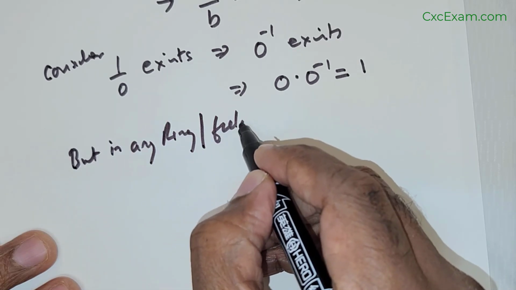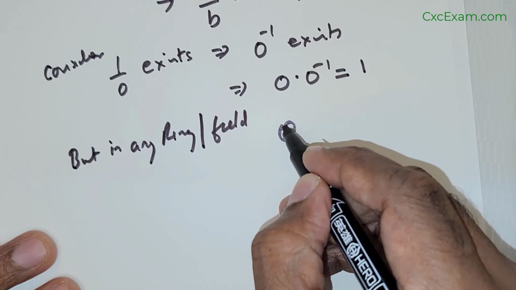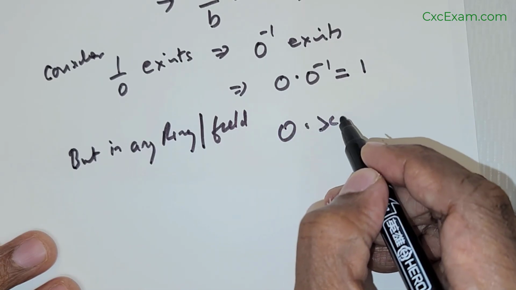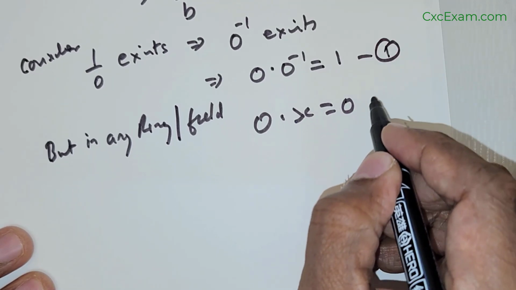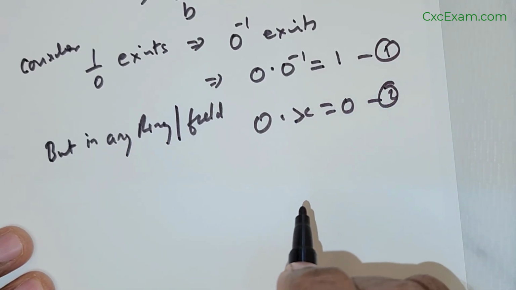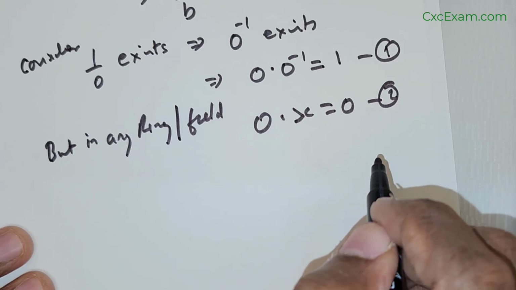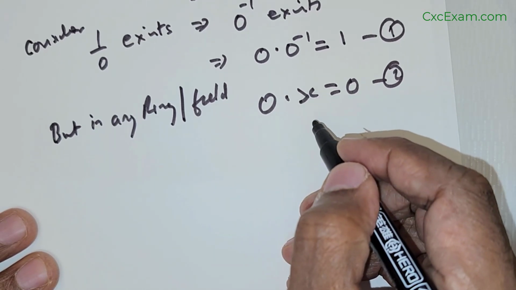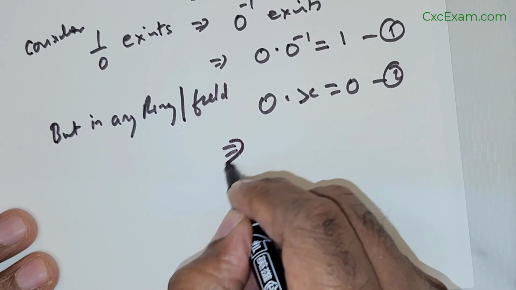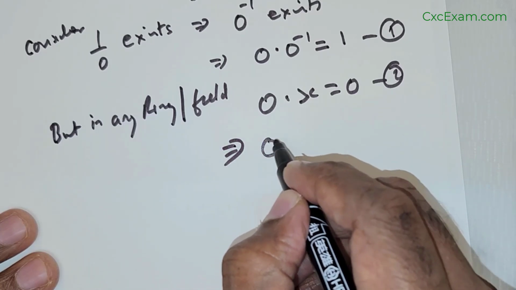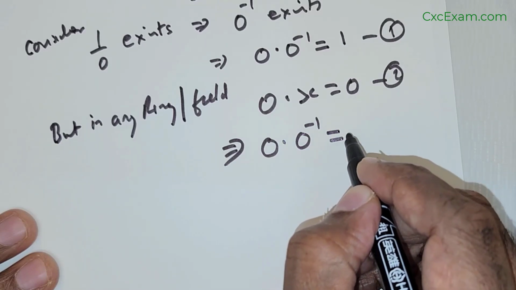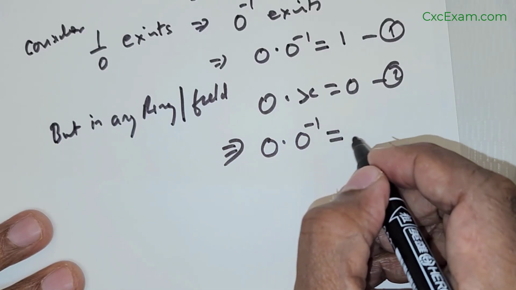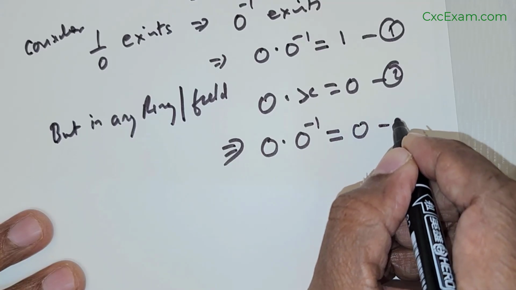But in any ring or field, clearly we know 0 multiplied with any x is equal to 0. So if I take the first as 1 and this as 2, this would mean 0 multiplied with 0 raised to the power of minus 1, or 0 inverse, is going to be 0, which is my 3.